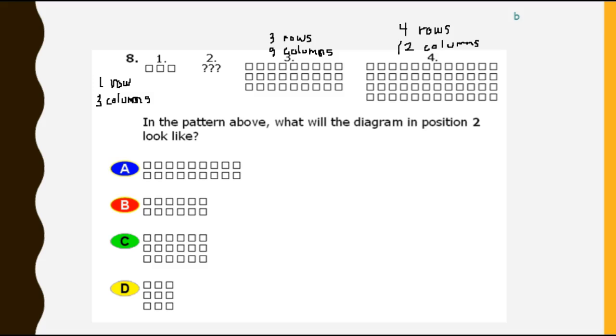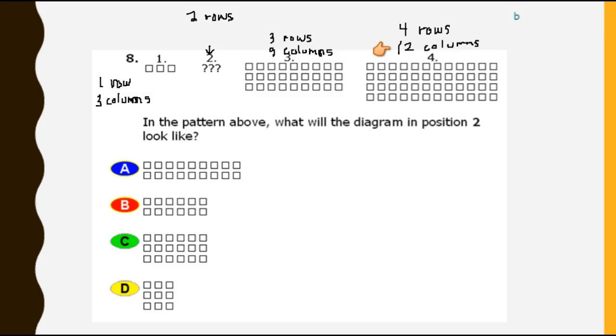Okay, so I think this one is just going to have 2 rows. How many columns will it have? It goes from 3 to we don't know, to 9 to 12. So the difference between 9 and 12 is 3.